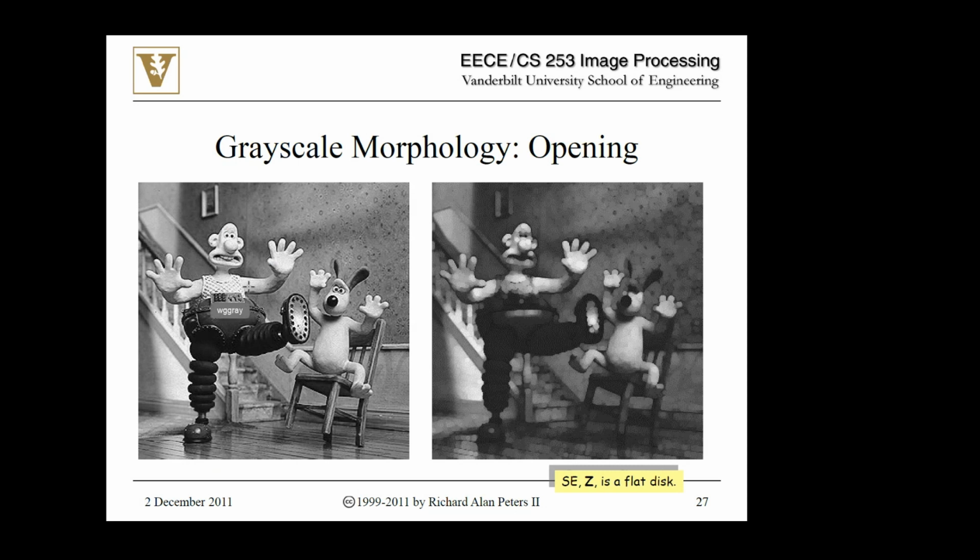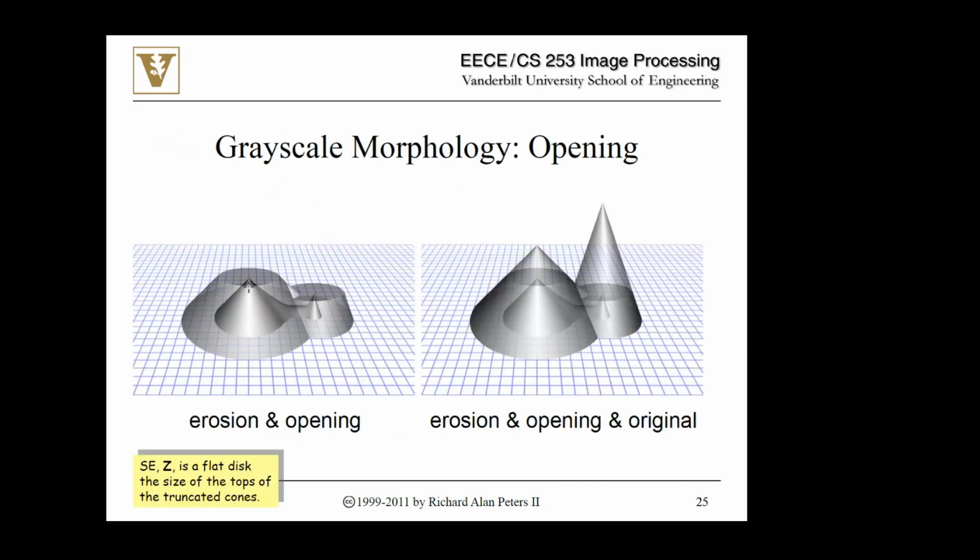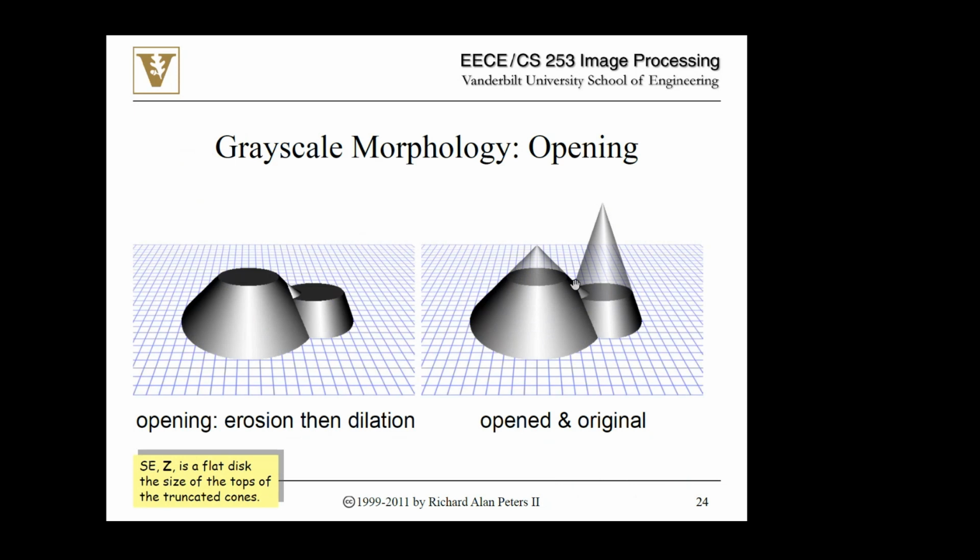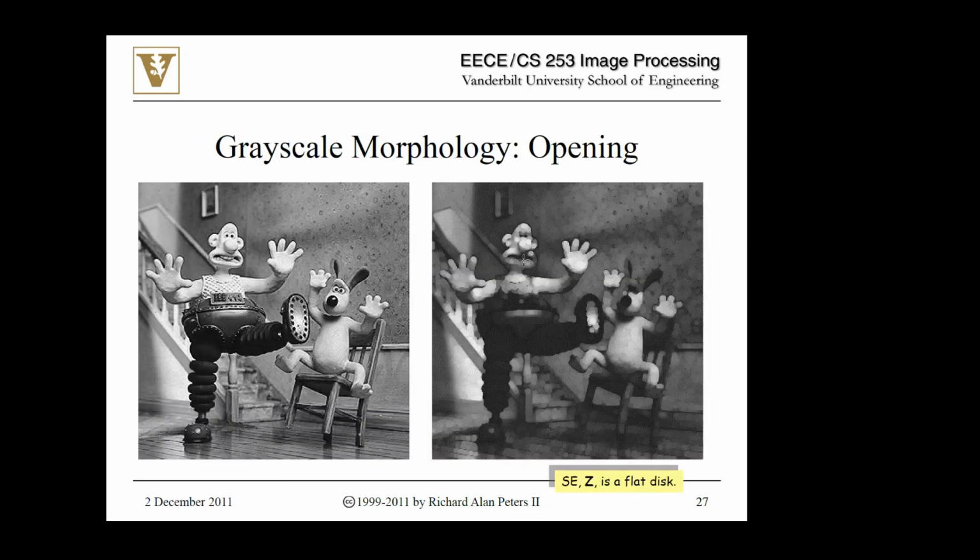So what is the effect of opening? The effect of opening, see here, is cutting very bright values. We are cutting the very bright values. Let's see this opening here. So this is the image and the cutting of very bright values.